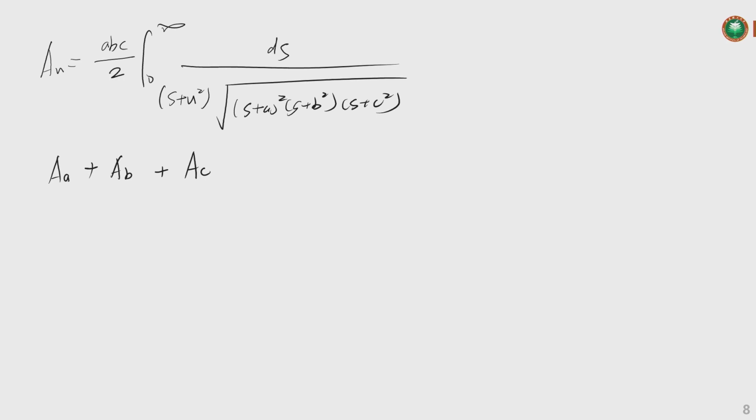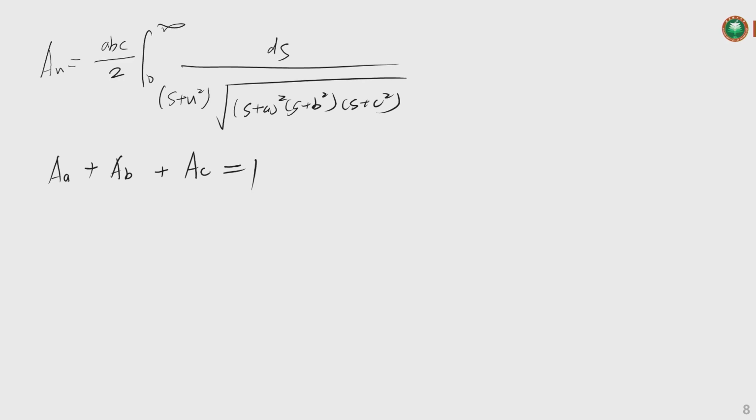So for the ellipsoid, the summation of these three parameters has a fixed value. It equals 1, no matter what the shape of the inclusion is.